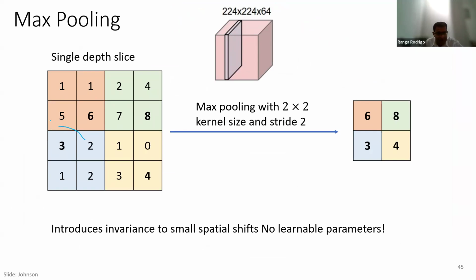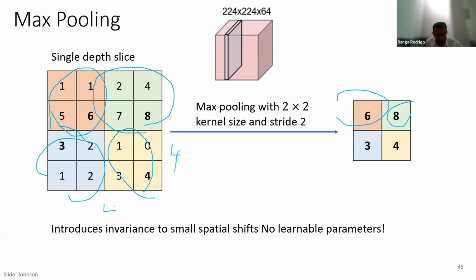Max pooling means out of these four numbers, you pick the maximum. It's 6. Out of these four numbers, you pick the maximum, that is 8, and so on, right? So now the input structure was 4 by 4. It's a toy example. But the output size became 2 by 2. It becomes half. If you use the so-called stride 2, that means you move by 2 pixels at a time.